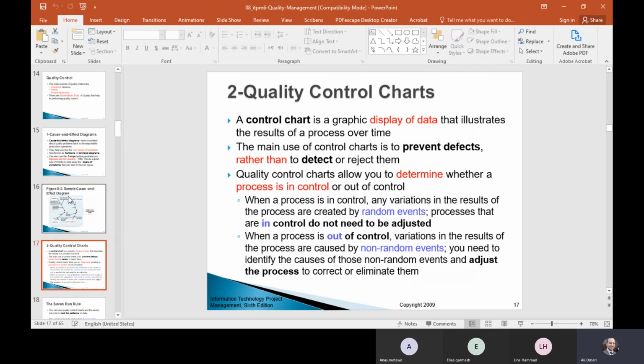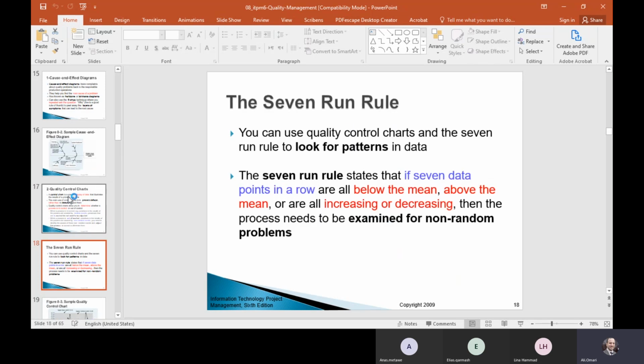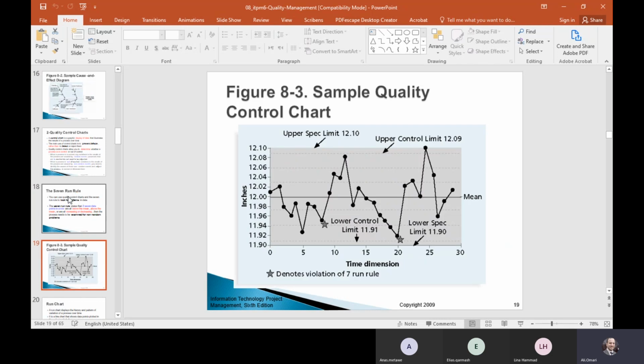The second tool is a quality control chart. It's used to prevent defects rather than detect them, and it uses the 7 run rules. The diagram here shows that we have the mean. As an example, a manufacturer makes a ruler which is 12 inches.